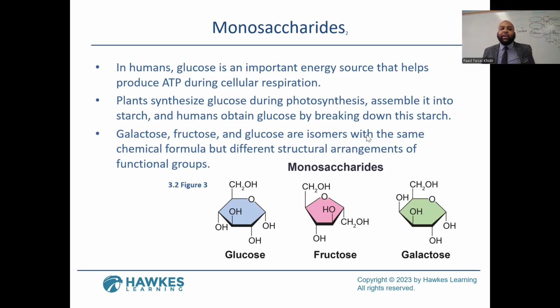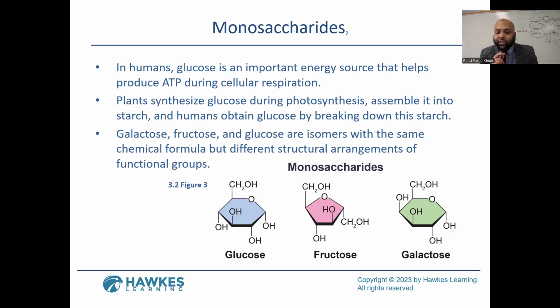So you see that we catabolize, we break down glucose, in order to get ATP. Plants synthesize glucose during photosynthesis and they assemble it into starch, and humans obtain glucose by breaking down this starch. Are we clear?